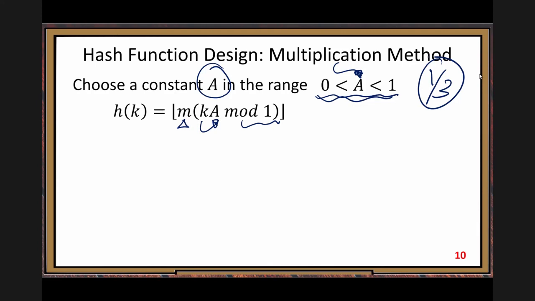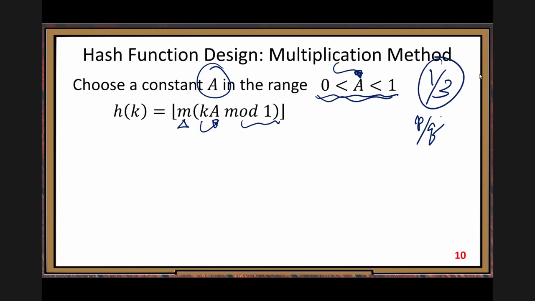So it cannot be 1 over any integer. Or any fraction like P over Q, because you can choose K equal to multiples of Q, and then you get an integer.